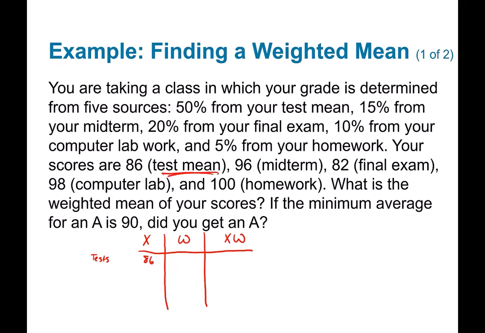So for tests, I have an 86 average. Tests count 50%. For us, we always use decimals for the weights. So anytime we have a percent in this class, we're going to convert it to decimals. And if we multiply them together, 86 times 0.50, we get 43.